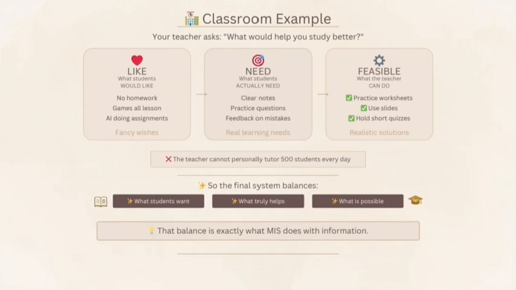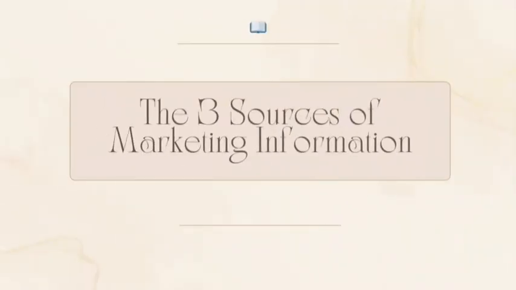The teacher probably cannot personally tutor 500 students every day. So the final system balances what students want, what truly helps, what is realistically possible. That balance is exactly what MIS does with information.